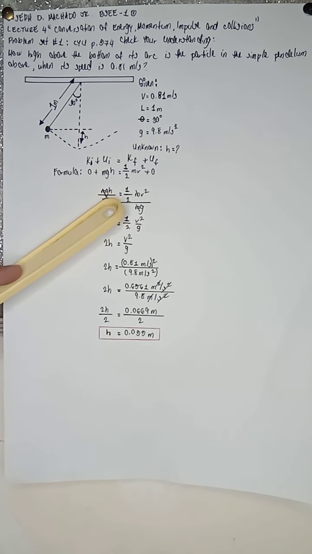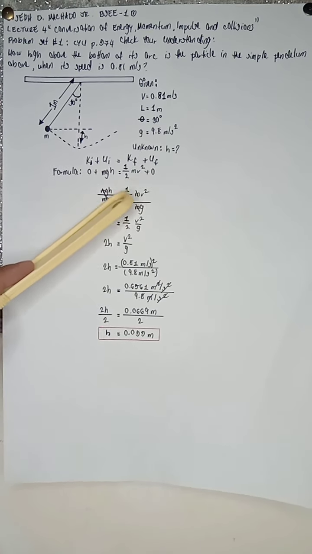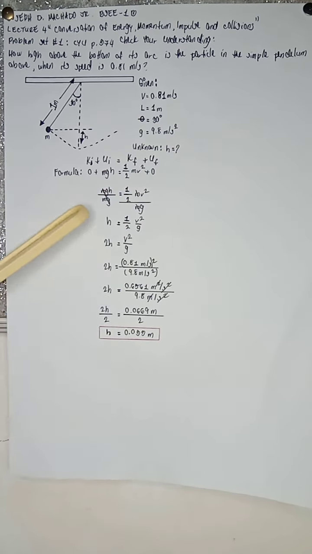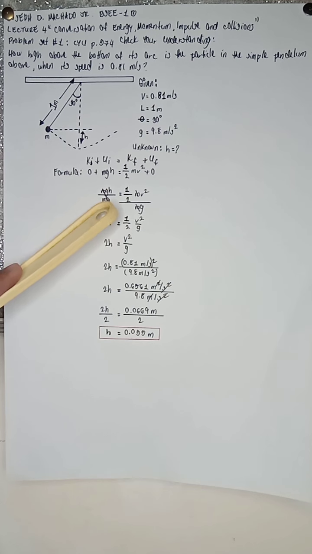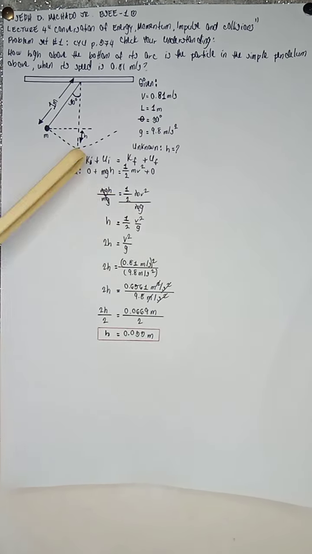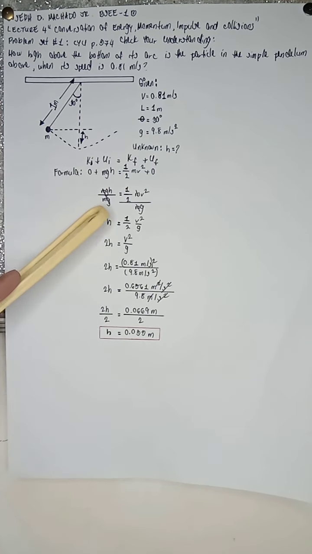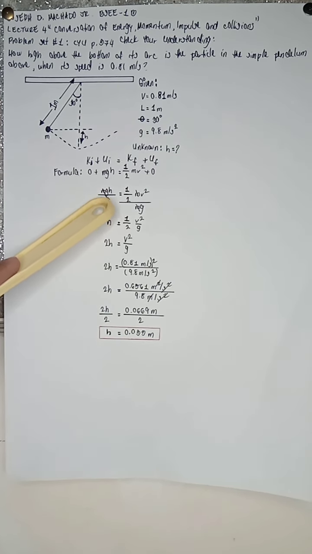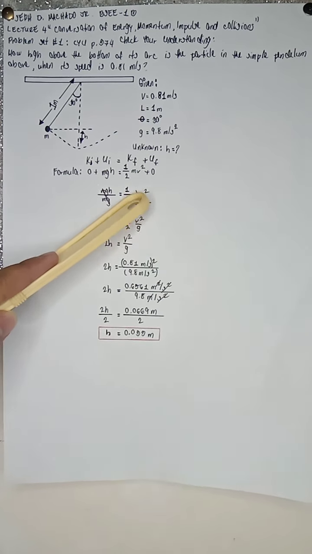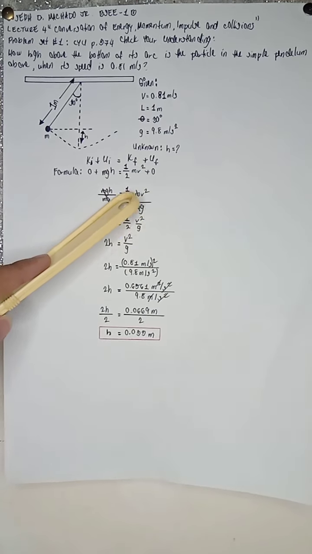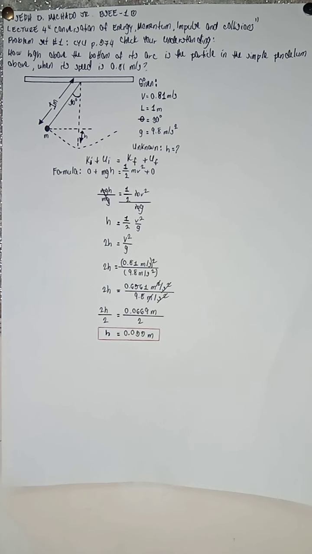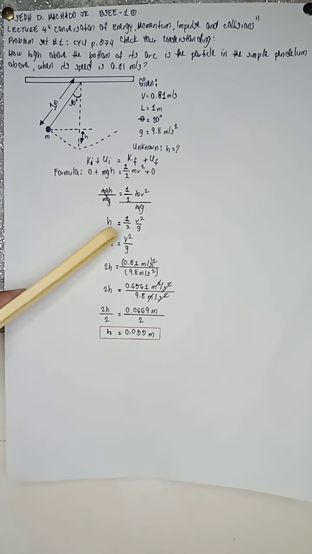mgh is equal to 1 half mv squared. We bring down mg, then copy the sign, the over mg, so we cancel out the same mg, then this m cancels out, so what remains is 1 half v squared over g, then h.